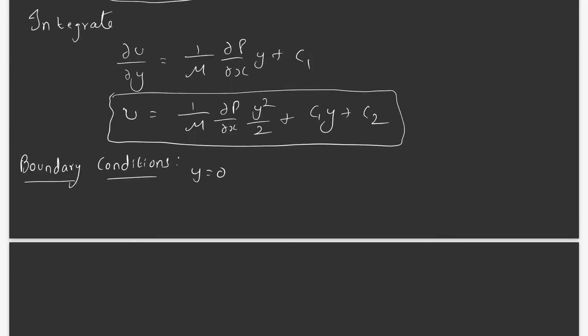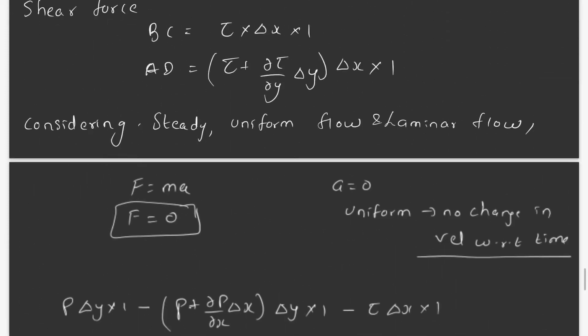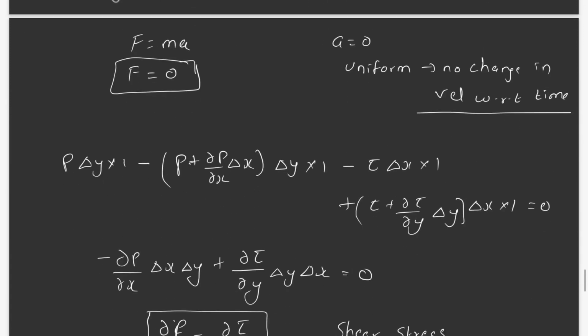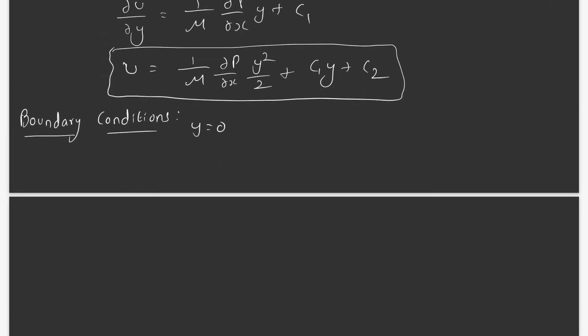So at y equals 0 means at this particular point, that is here. See here in the diagram also it is mentioned, this is y. The distance from the bottom wall is y. If y is equal to 0, it stays on this wall. So at y equals 0, what happens? u is equal to 0, because at the wall velocity is 0.